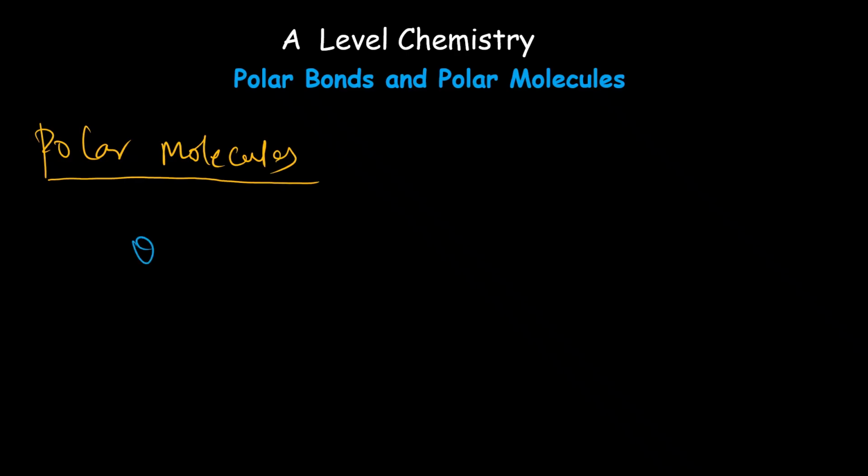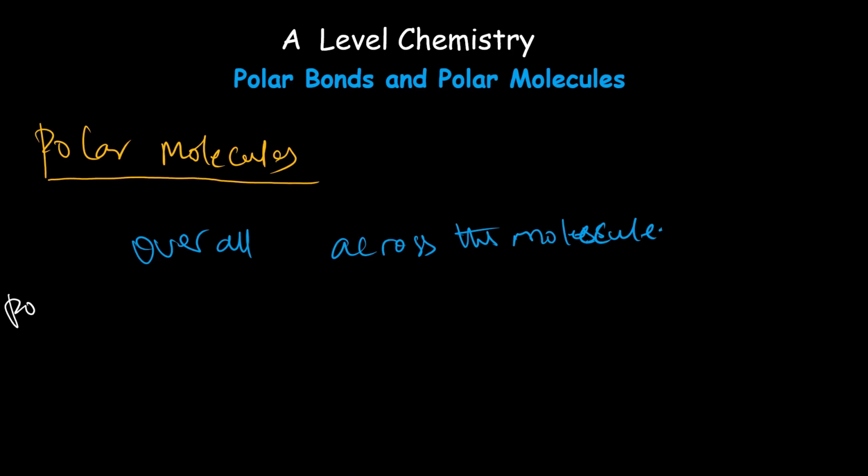So when you have an overall difference in the polarity across the molecule, that is when you have a polar molecule. Like I said, it is as a result of the arrangement of the polar bonds, and also the geometry of the molecule.